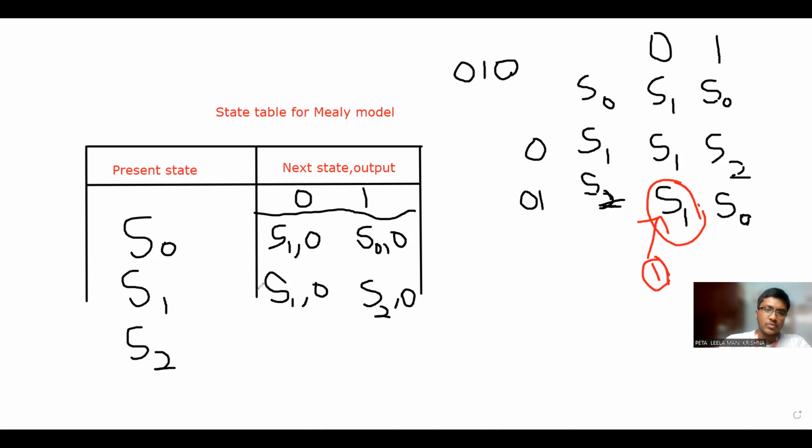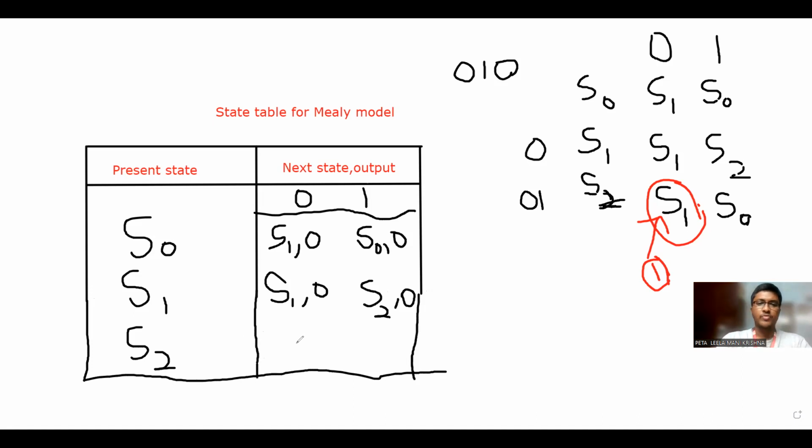After reaching S2, we got the 2 bits 0 and 1. And if I give the third bit as 0, it will consider overlapping and it will move to the state S1.